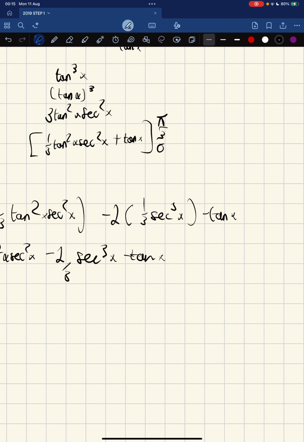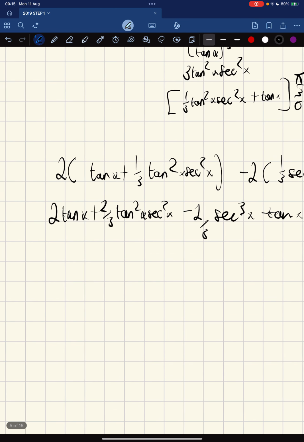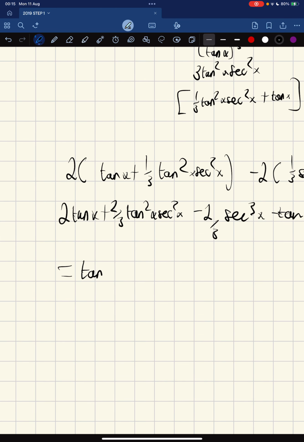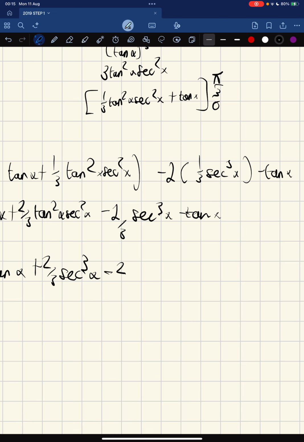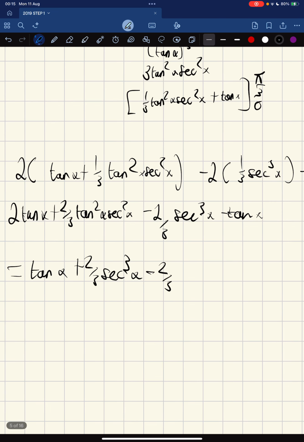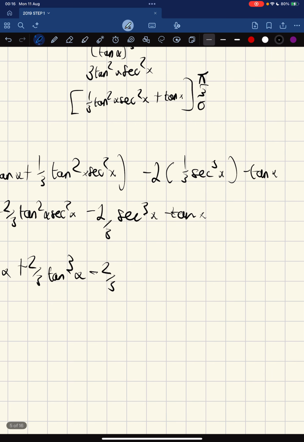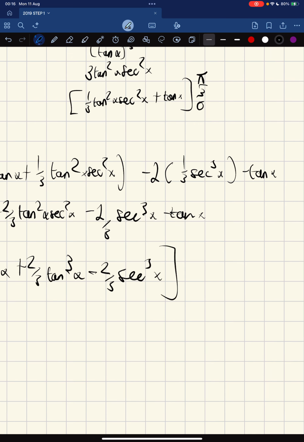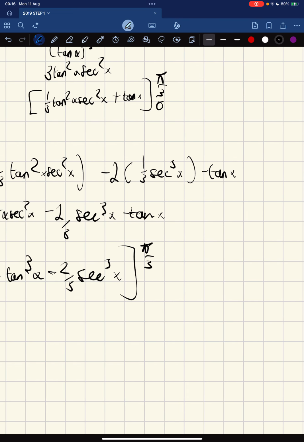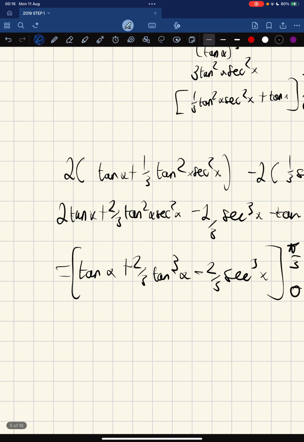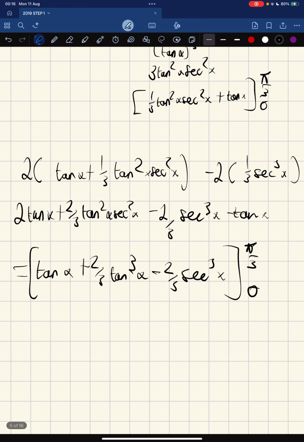Simplify this down again, we get tan of x plus 2/3 tan cubed of x minus 2/3 sec cubed of x. Now this is from 0 to pi over 3. So tan pi over 3 is root 3, and then sec pi over 3 is 2.